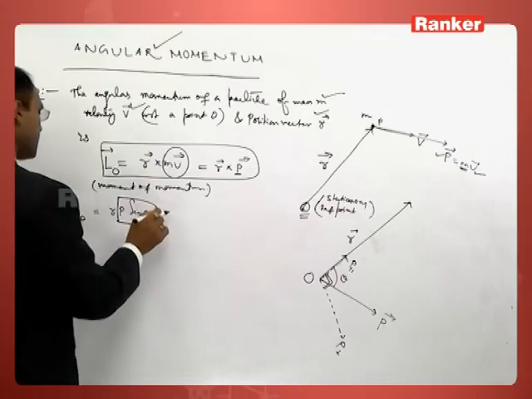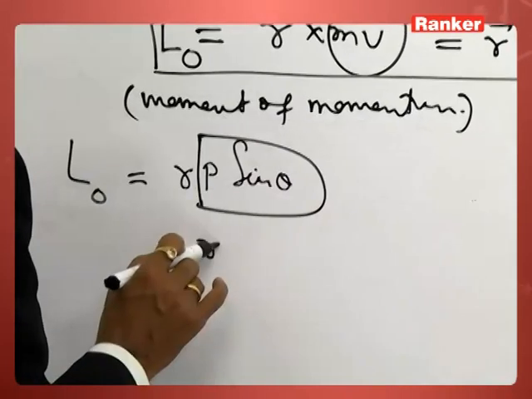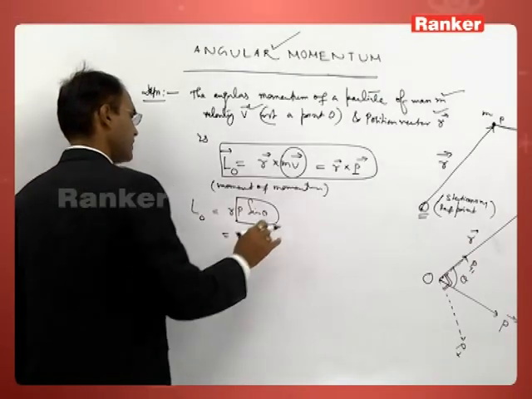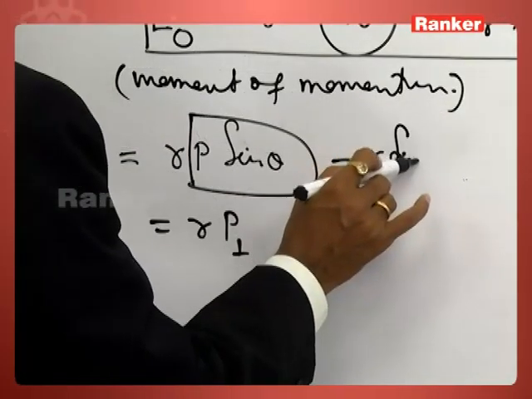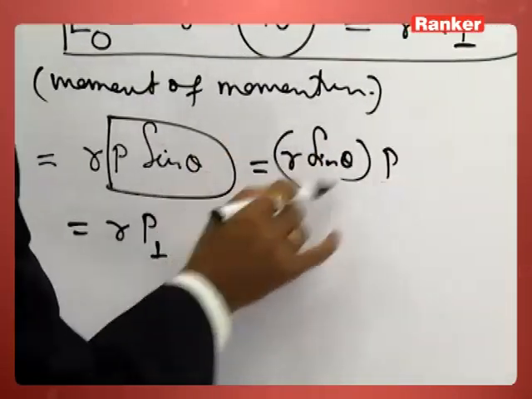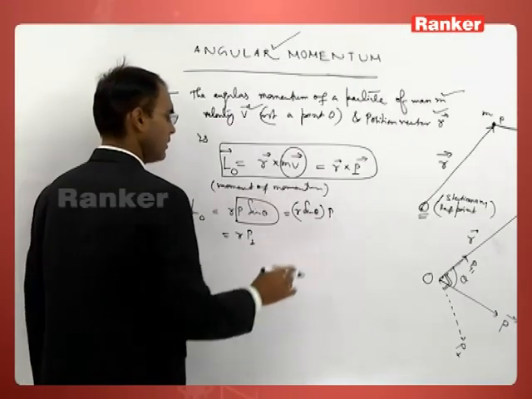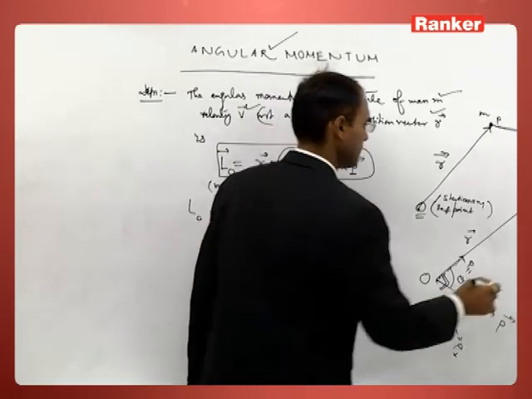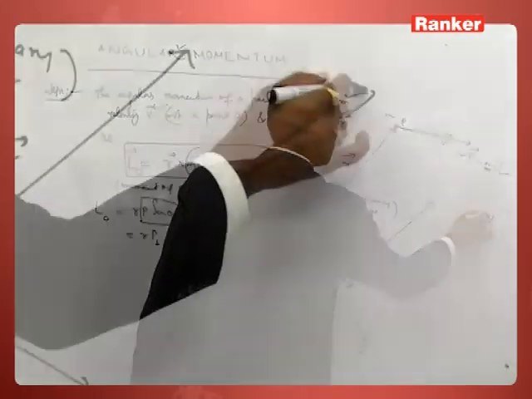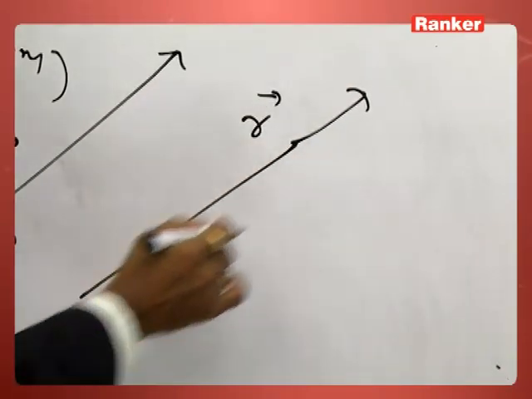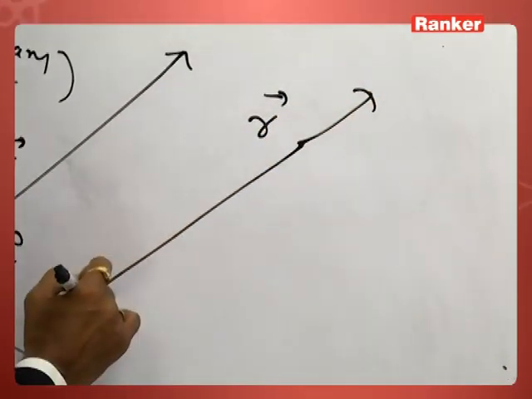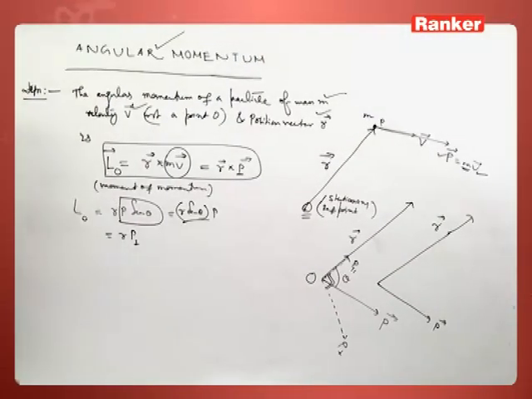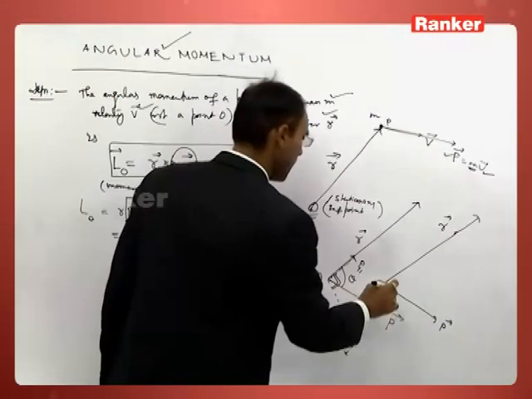p sin theta can be written as p perpendicular. This can also be written as r sin theta into p. In another way, this is the r vector, this is the linear momentum vector, and this is r sin theta.